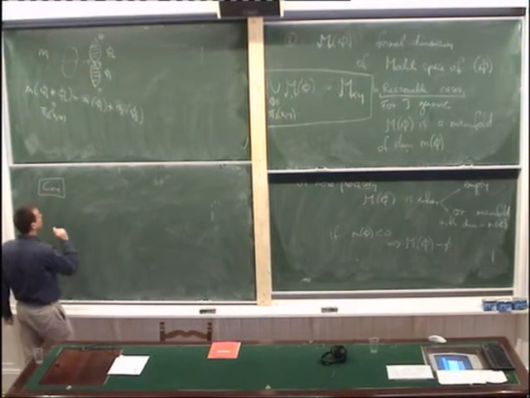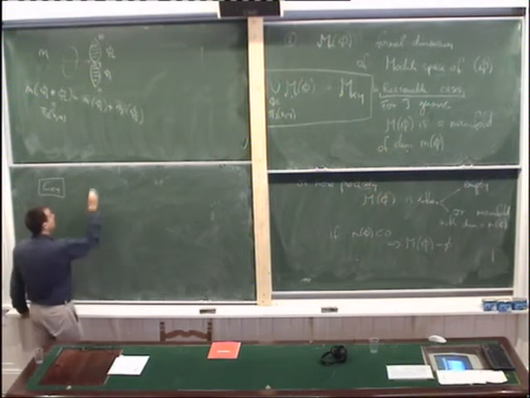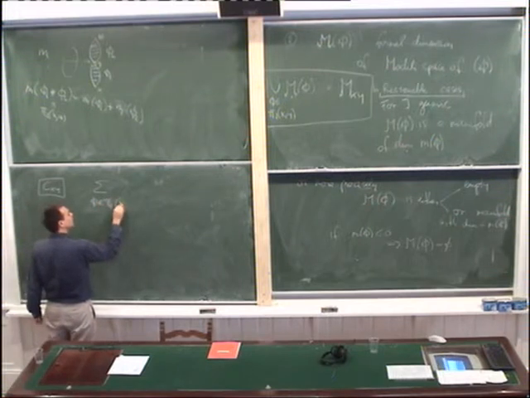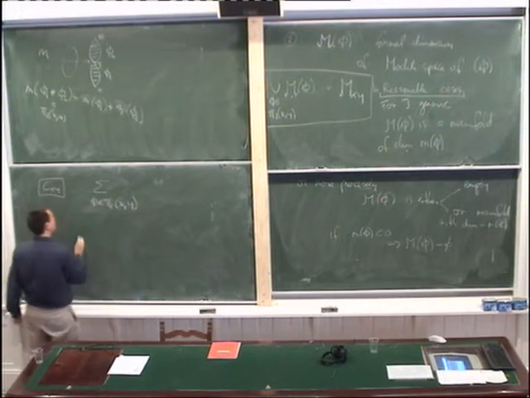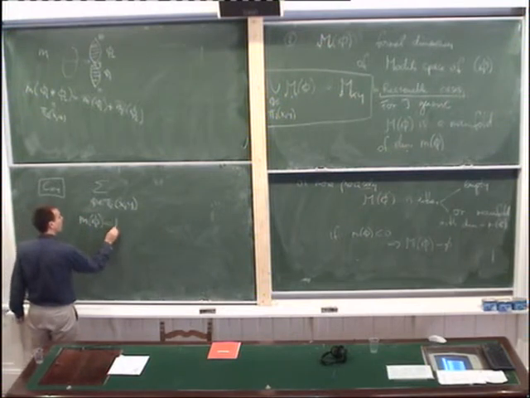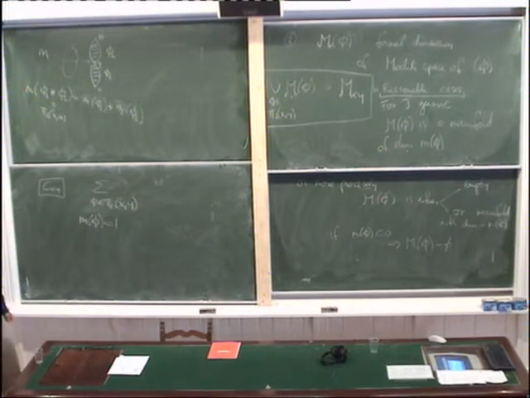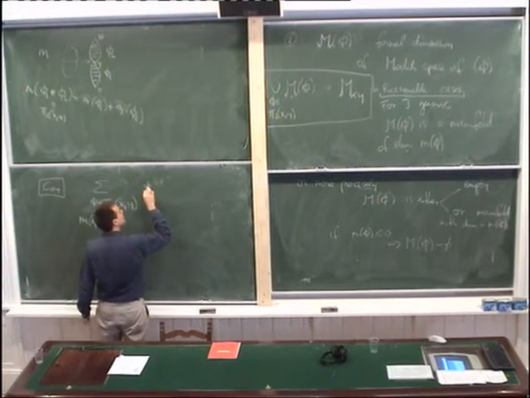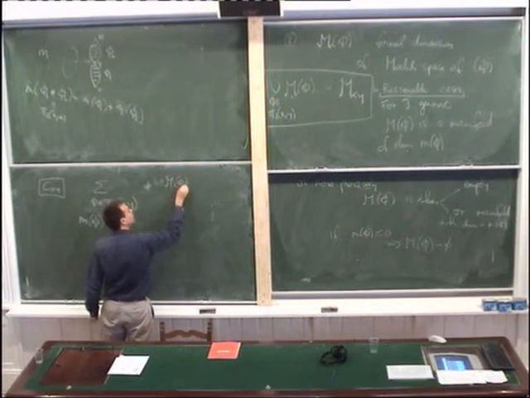That is really going to be a sum for homotopy classes in pi 2 of x, y that satisfy that the Maslov index is equal to 1. And then I count the number of elements in the moduli space of phi divided by R.